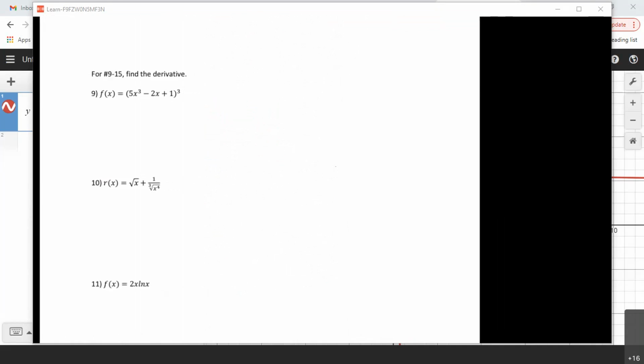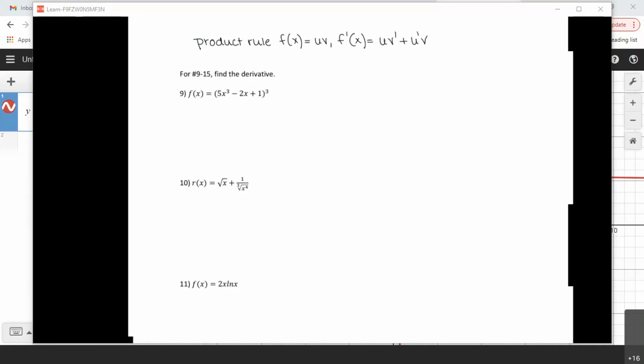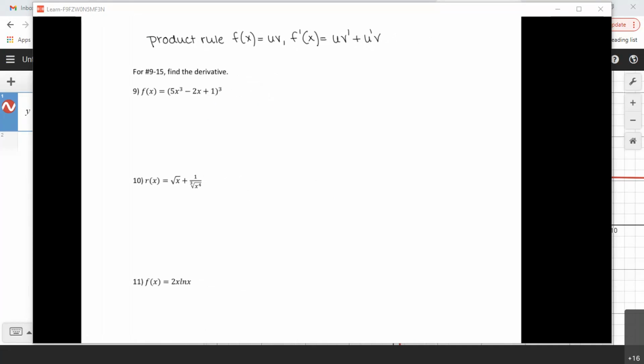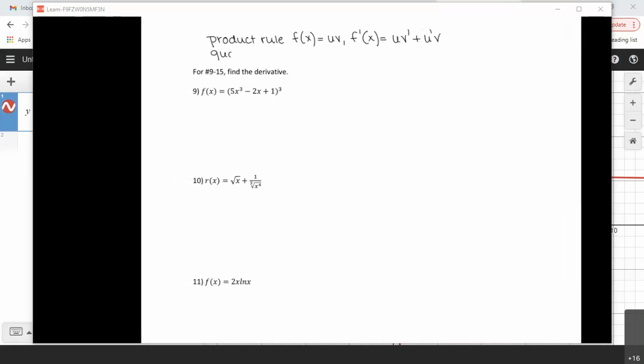For example, I might even put up here the product rule. Again, everybody has slightly different flavors of these. The quotient rule.